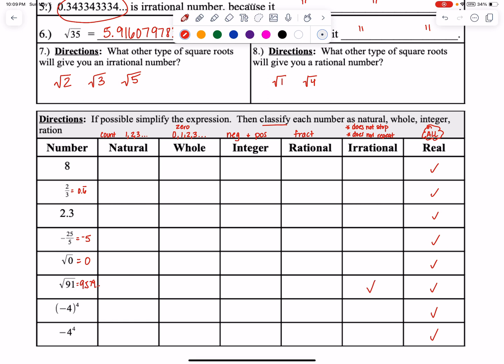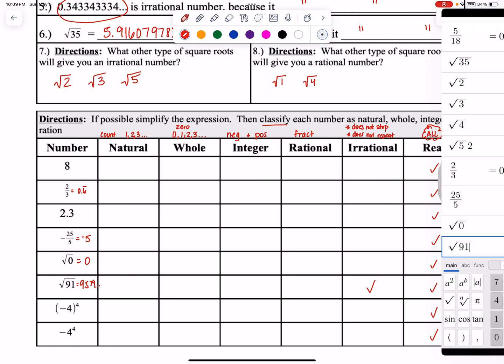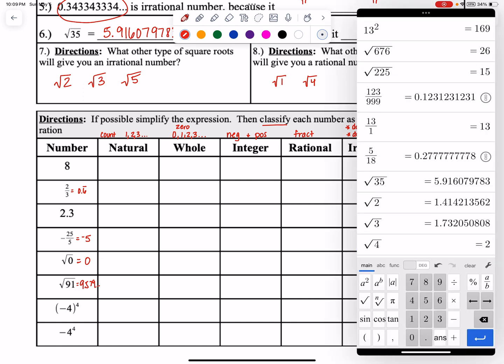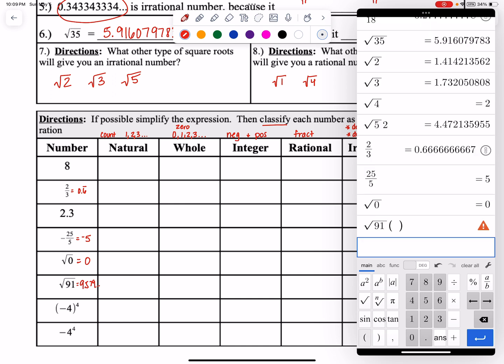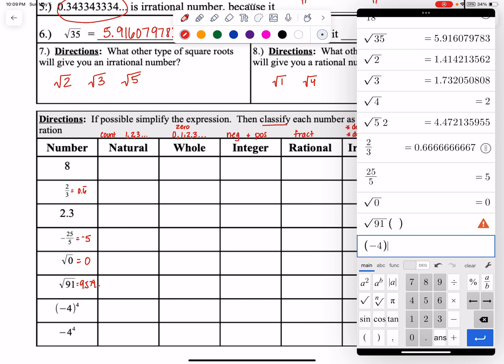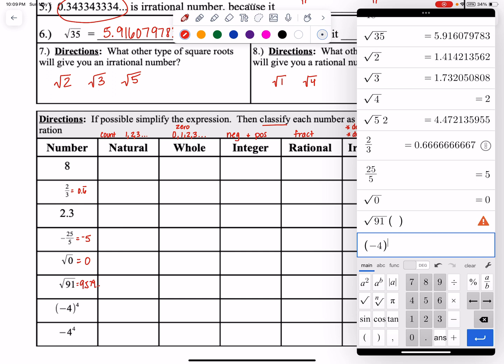Okay, let's do our -4 to the 4th power. Now remember that's -4 times -4 times -4 times -4, so I have to put this in parentheses. I'm going to have to hit the a to the b button so that I can put in the power that I want.